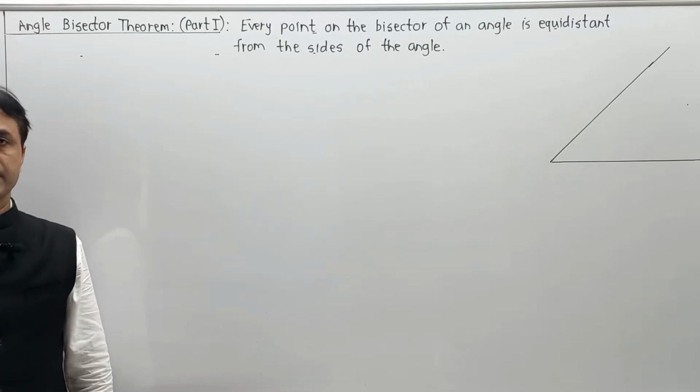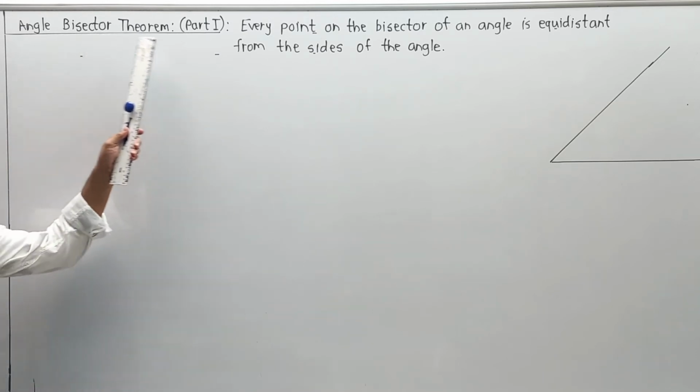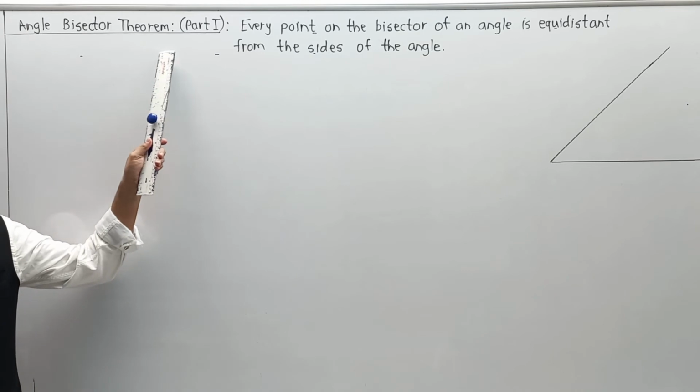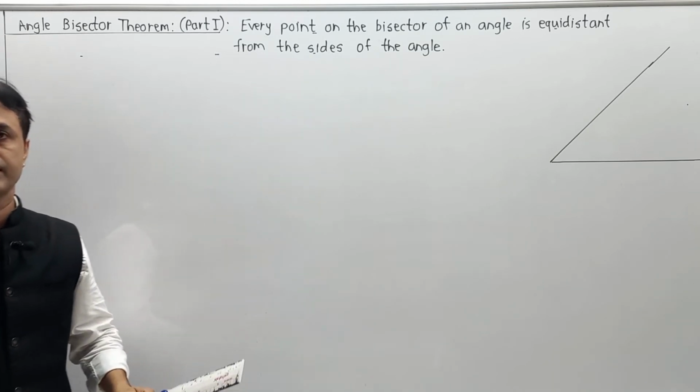Now moving to the next part, the angle bisector theorem. In the book it is given as part 1, meaning there is also one theorem associated with it.